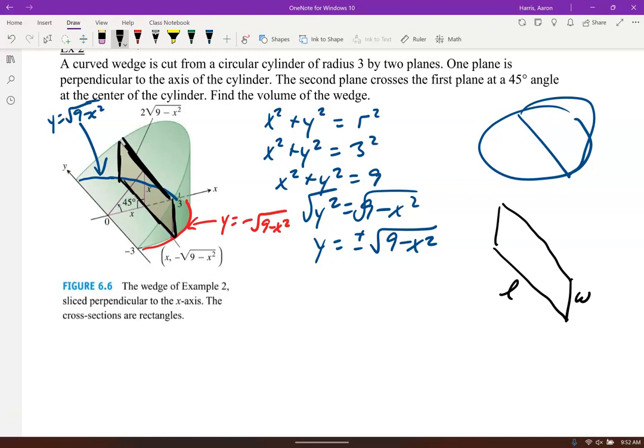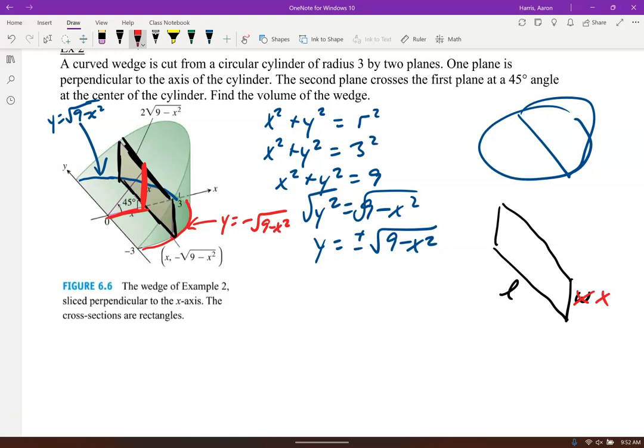And they're giving us this width. Can you see how this is x right there? I'm going out x amount and I'm matching it right there with this 45, 45, 90 triangle. So this is x height, if you will.